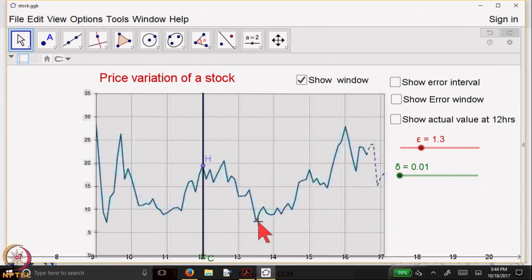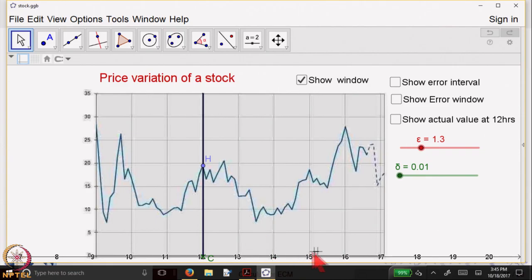Well, one could be that I take various points and move on the graph from the left and try to see what could be the value at a point nearby. Does it come closer and closer to some value? And similarly, from the right, I come closer and closer to the value.